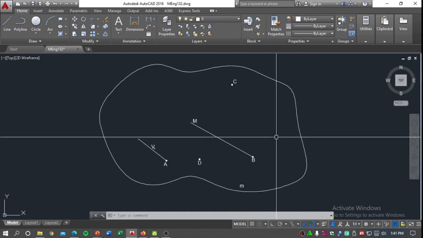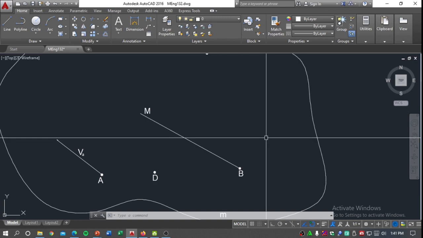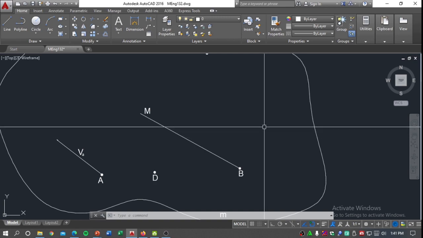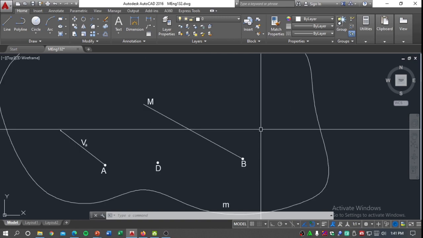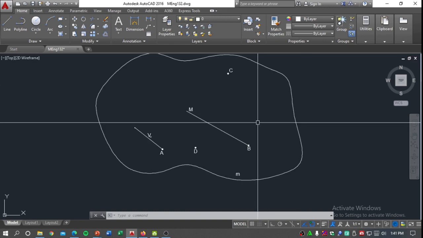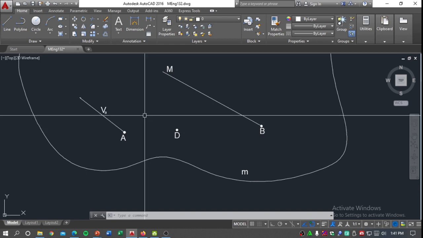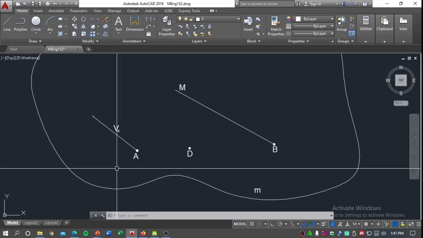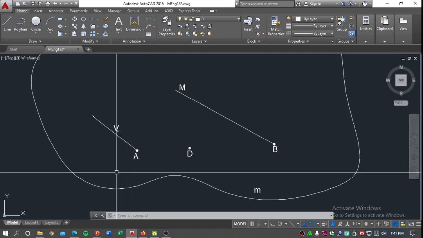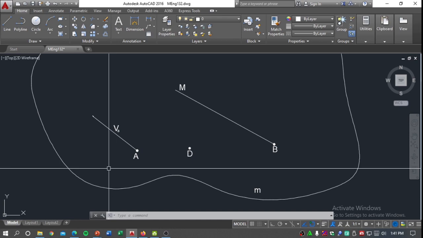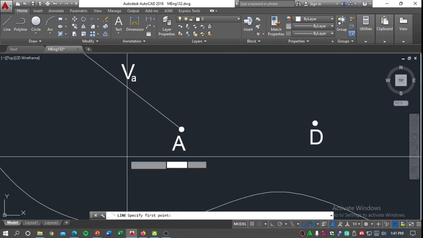So first, since we have to find the velocities of points B and D, I think it is a coincidence right now that these 3 points are collinear.